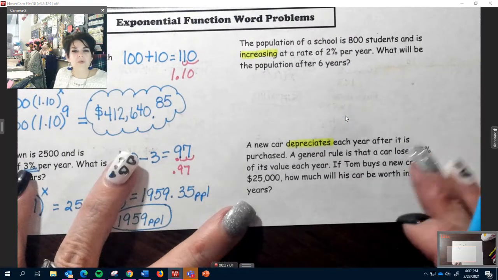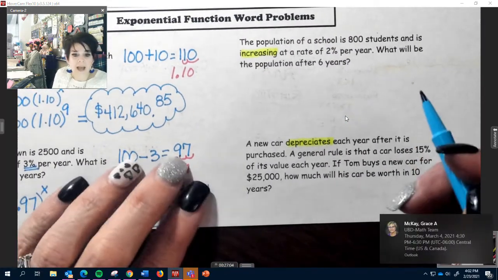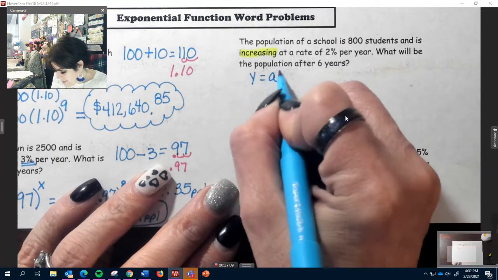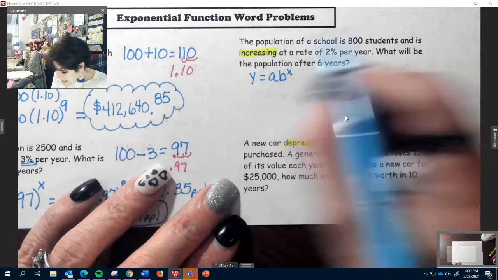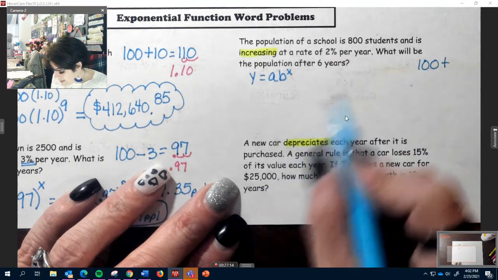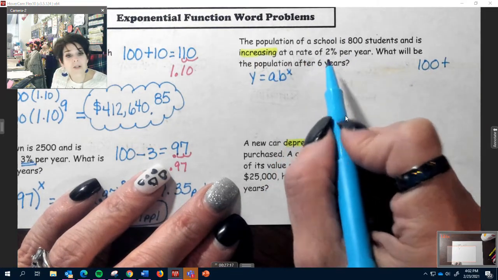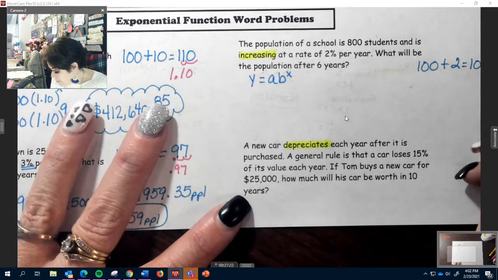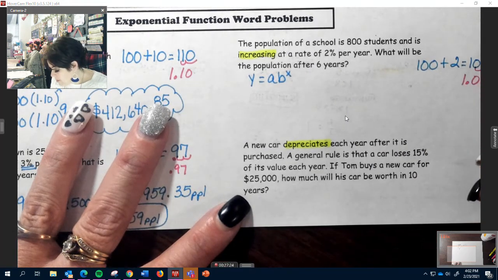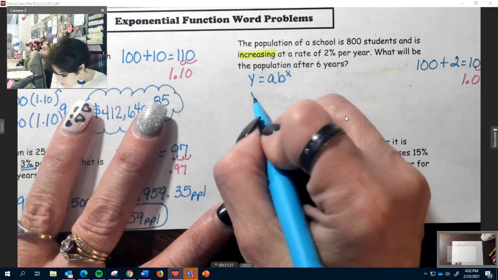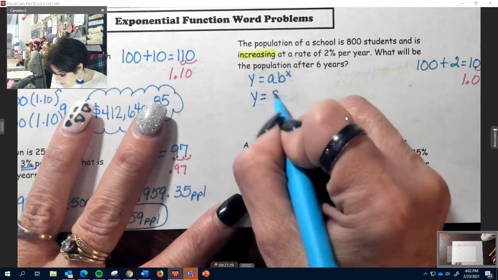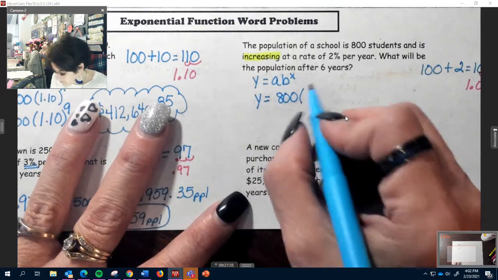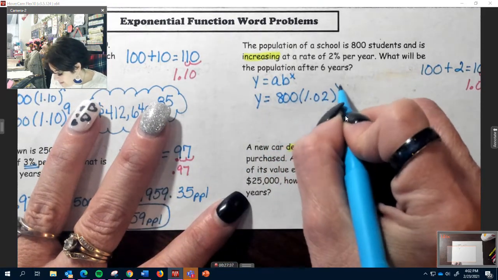The population of a school of 800 students is increasing at a rate of 2% per year. So here we go. y equals a b to the x power. It's increasing, so that's 100 plus something. I'm increasing at 2%, so that's 102. Move that decimal over. So that's 1.02. So y equals the starting amount, which is 800 students. Ooh, students. I better be careful. Can't have half a person. 1.02 to the x power.